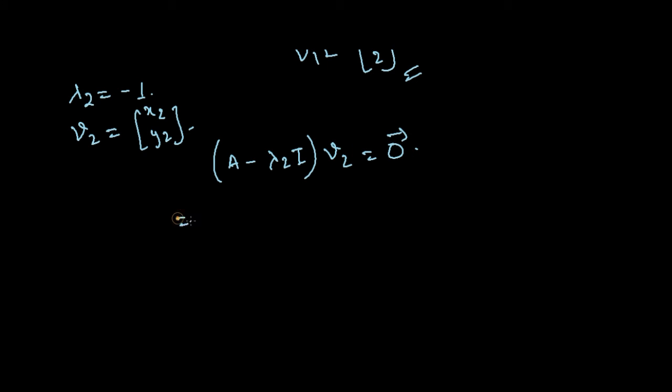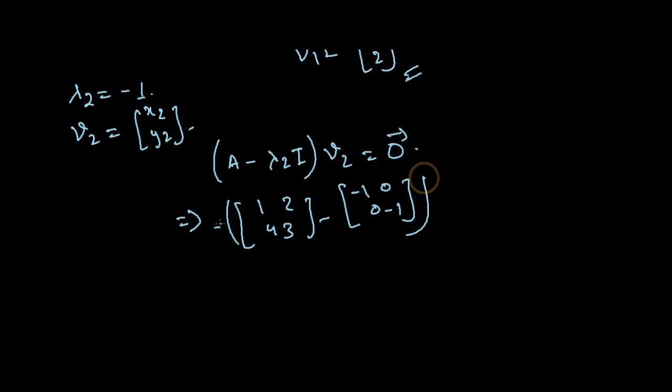Okay, and this will be nothing but our matrix 1 2 4 3 minus lambda 2 times identity, that is minus 1 0 0 minus 1, right? And we are multiplying it by v2 equals 0.